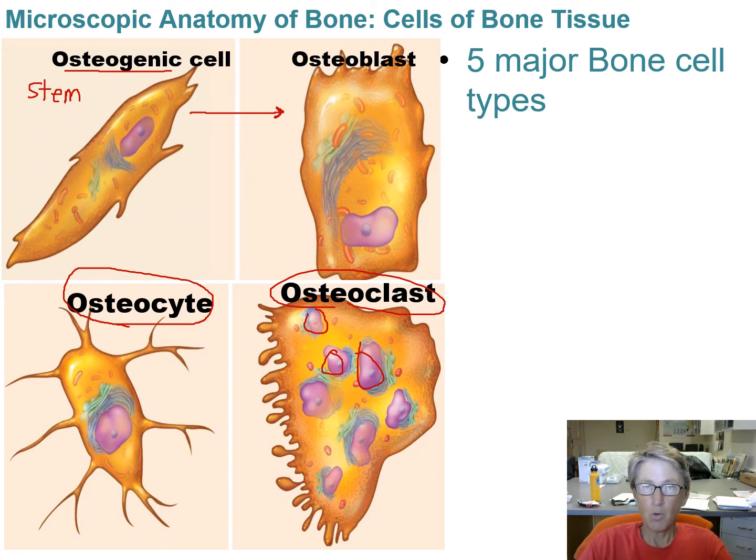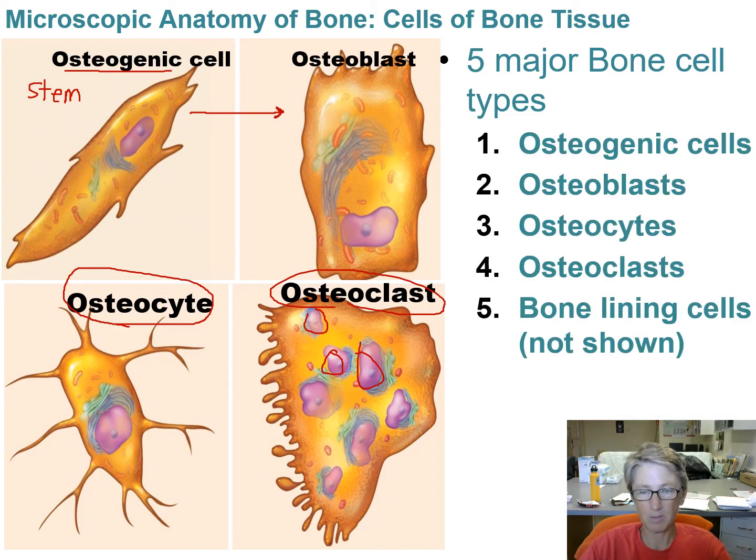Well, if your blood is low in calcium, calcium homeostasis is really important. So your body will send osteoclasts to break down bone. When you break down bone, you release the calcium that's stored in the bone. That calcium goes into the blood and then restores your blood calcium homeostasis.